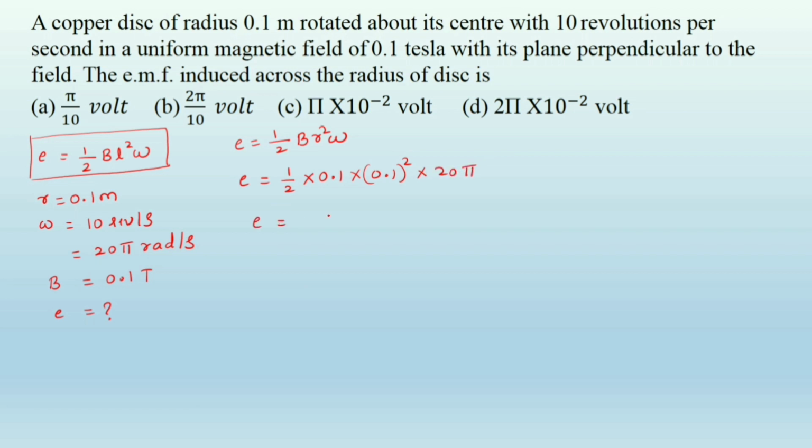So we get the value 0.01 pi, or E equals 10 raised to minus 2 pi volt, or E equals pi into 10 raised to minus 2 volt. So option C is correct.